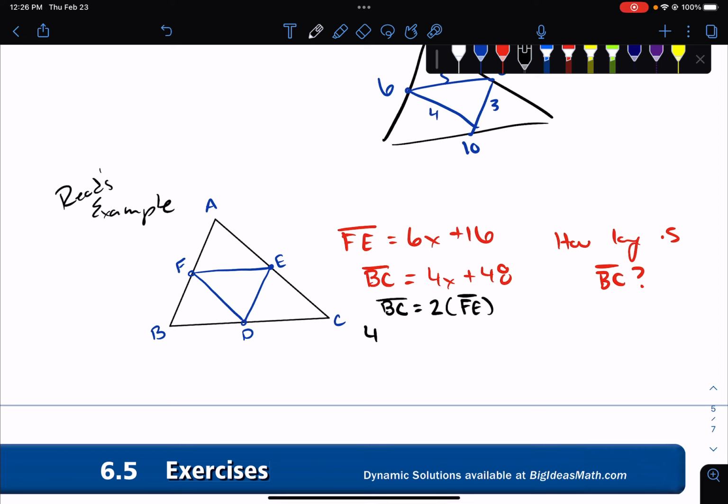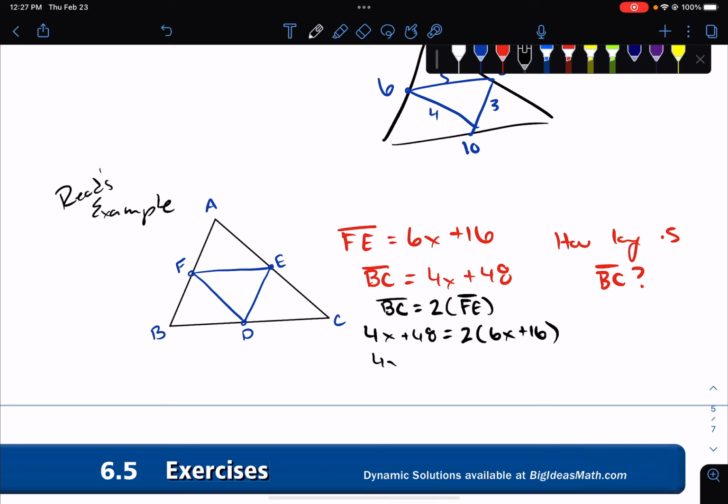Whatever FE is, 2 of those is equal to BC. So let's write BC, 4x plus 48. I want to take what I know and make it into an equation. It is twice as long as 6x plus 16. And from here, I can just figure out what x is.